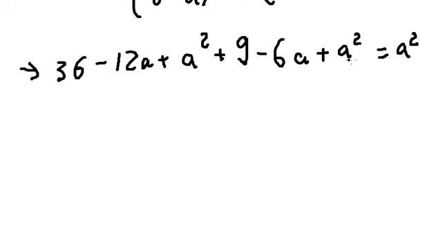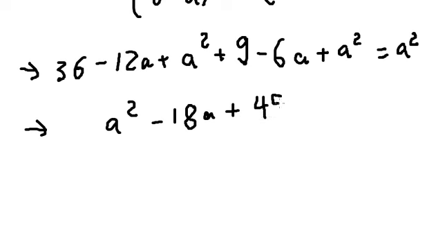Now we simplify a square on both sides. Now we just have only a square. Negative 6a, negative 12a, that is negative 18a. 36 plus 9, we have 45 equals 0.